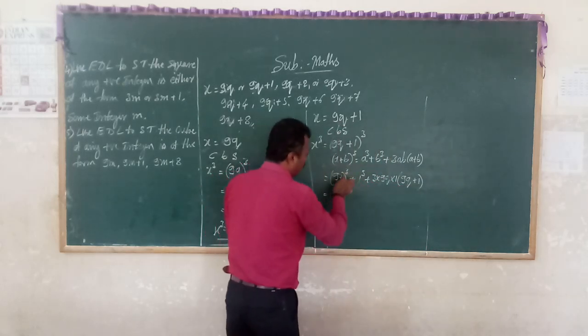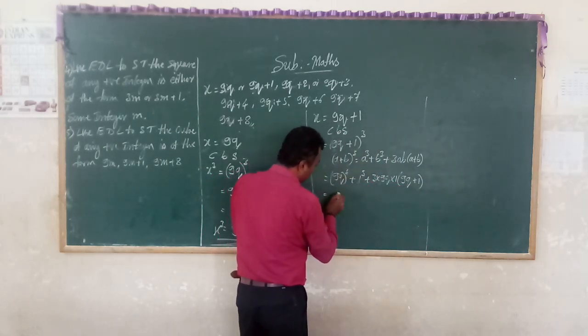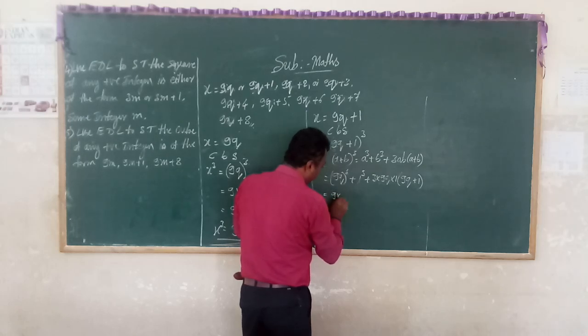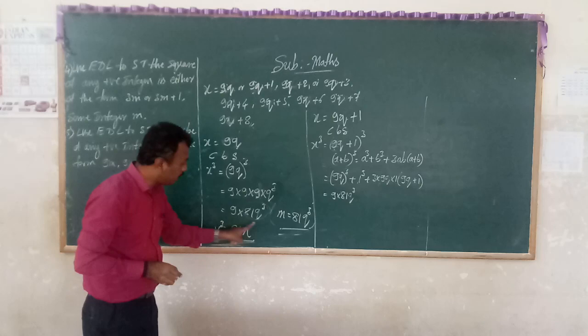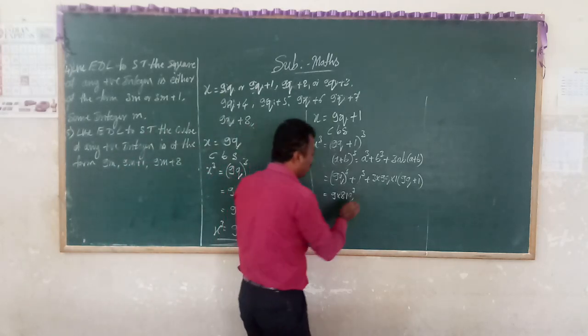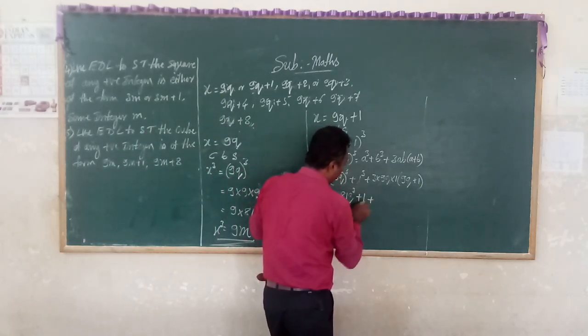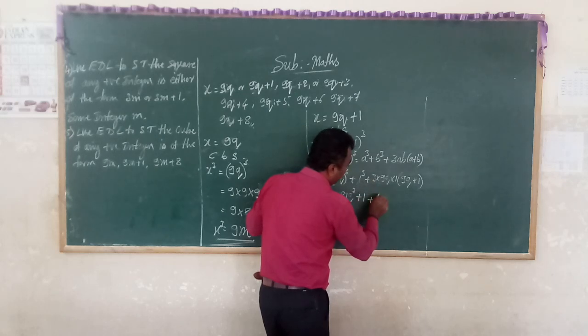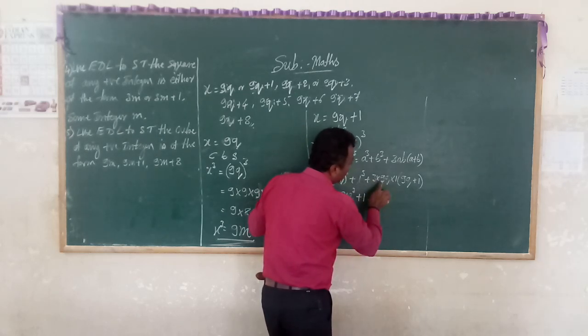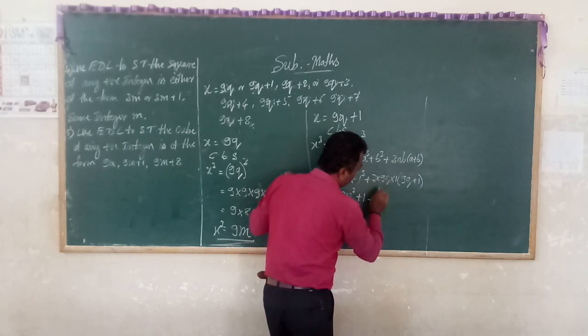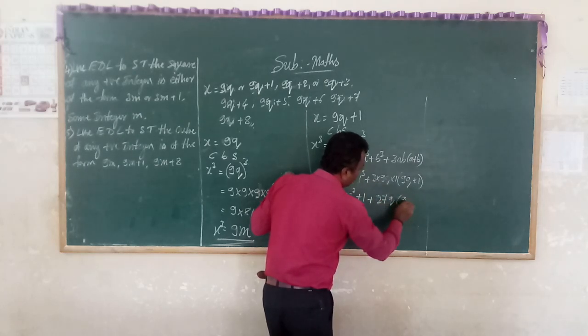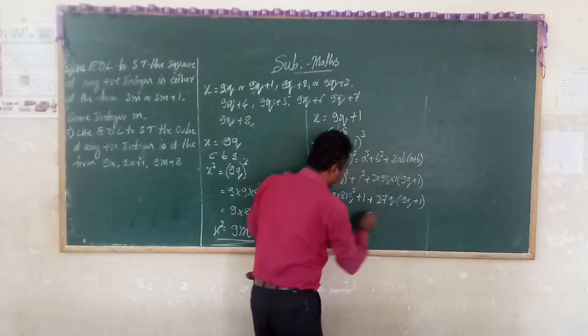Next, 9q whole cube means 9 into 81 q cube. Same. I will write that. Plus 1 cube means 1, and then 3 into 3 9s are 27 q into 9q plus 1.